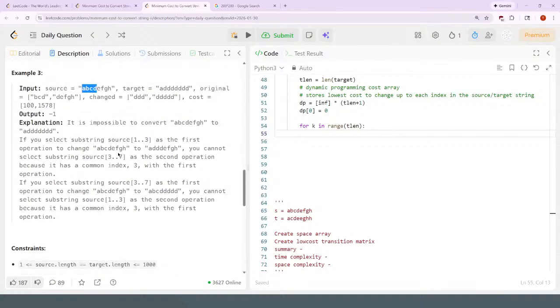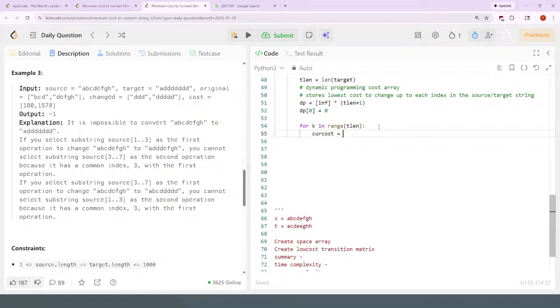All of them have to be considered. All things must be considered. Okay, so let's go ahead and say the current cost up to now is going to be dp at this index.